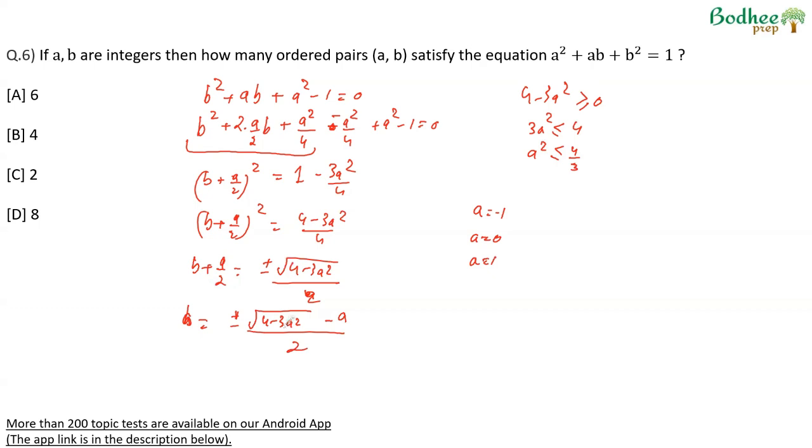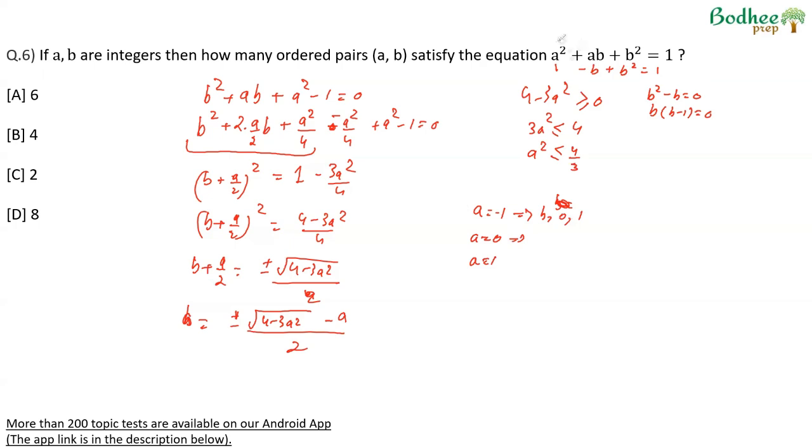If a is minus 1, we simply put the values here: 1 minus b plus b squared is equal to 1, and therefore b squared minus b is equal to 0, which means b into b minus 1 is 0. So when a is minus 1, b could be 0 or 1.